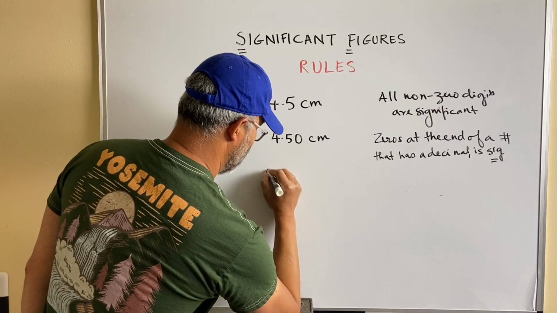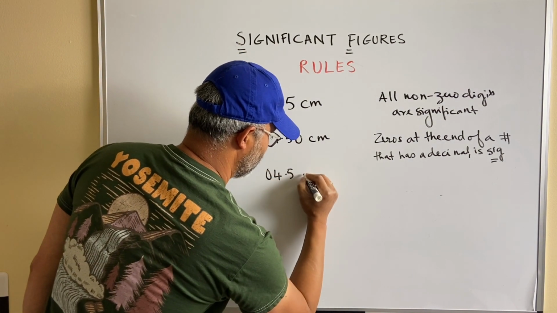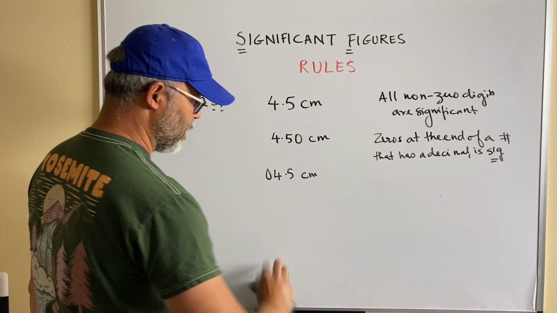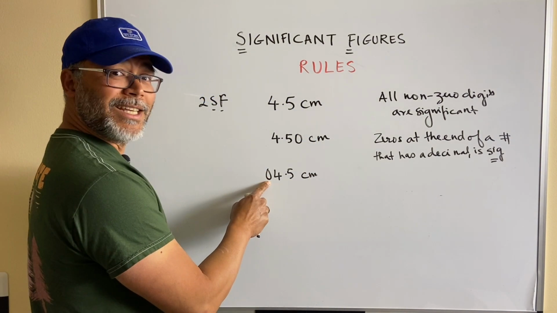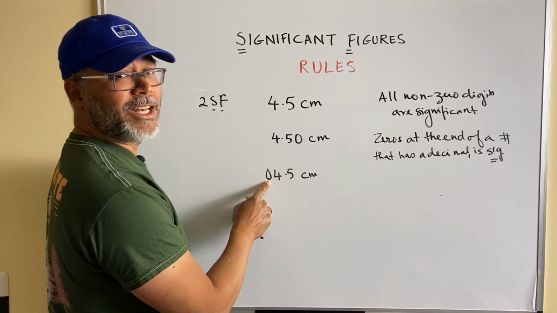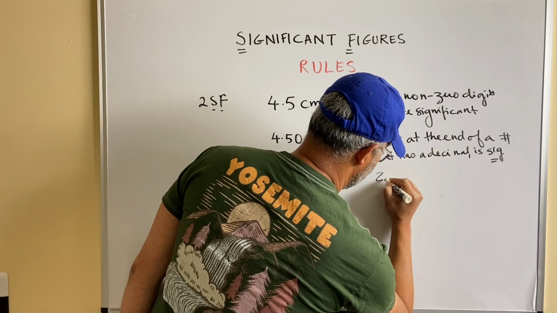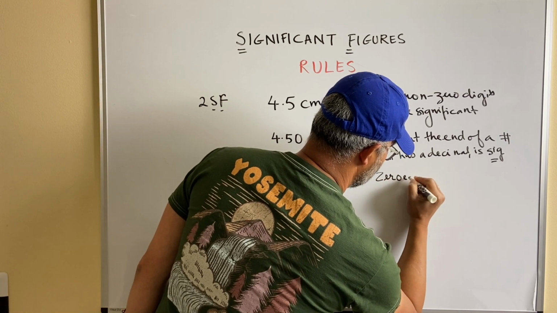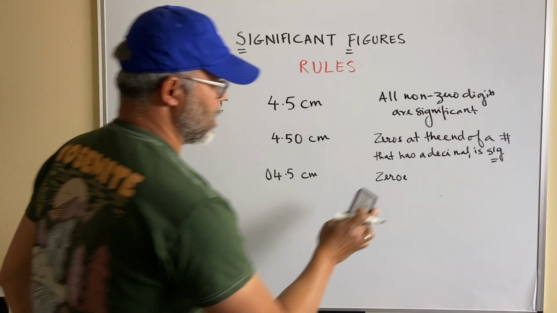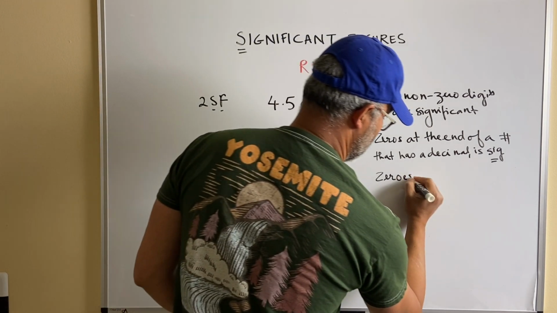Let's make it 04.5 centimeters. In this case, since the 0 is the first digit in the number, this 0 is actually not significant. So zeros, I'm getting my spelling of zeros mixed up, it should be Z-E-R-O-E-S.